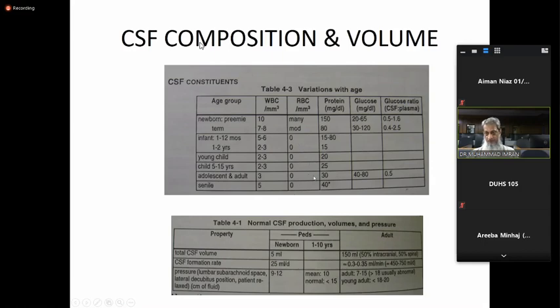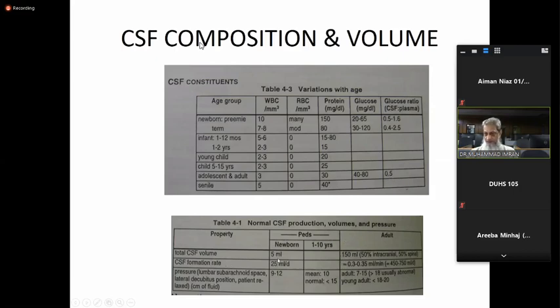Protein in adults is about 30 to 40 milligram per deciliter, whereas in newborns and preemies the protein is on the higher side, around 150 milligram per deciliter. And regarding glucose, it's almost the same, and the ratio of CSF glucose to plasma glucose is half that of the blood.